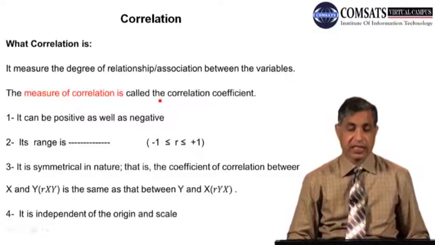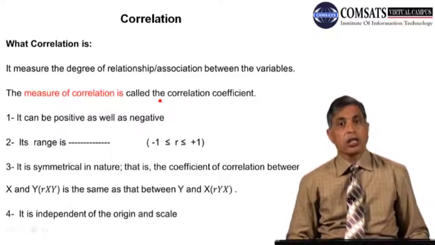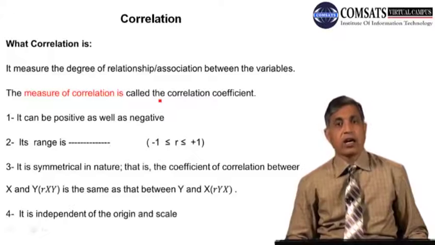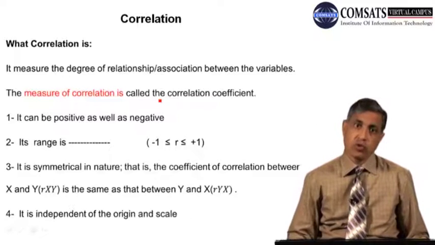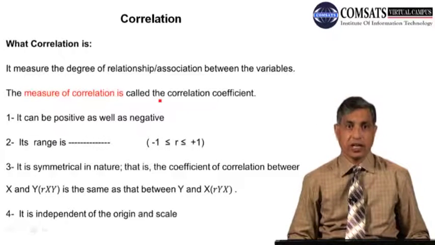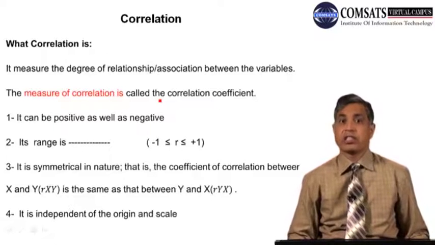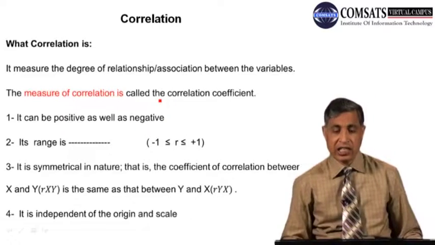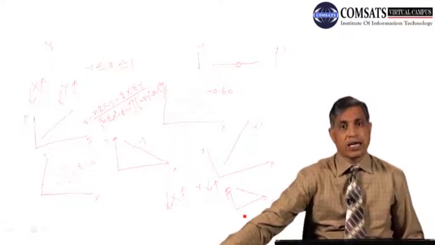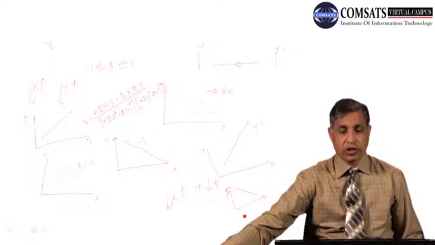This is very, very interesting. What this means is that the correlation of x with y is equal to the correlation of y with x. So the arranging of the variables doesn't matter. It is symmetrical in nature. So I was talking about the correlation coefficient.